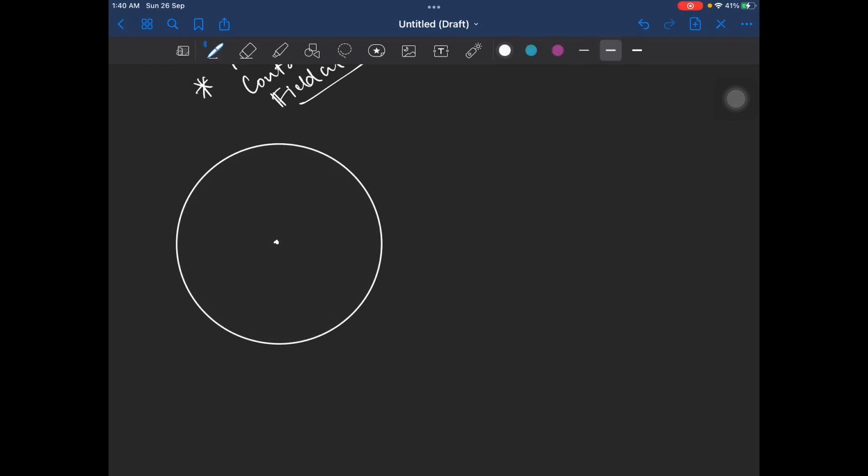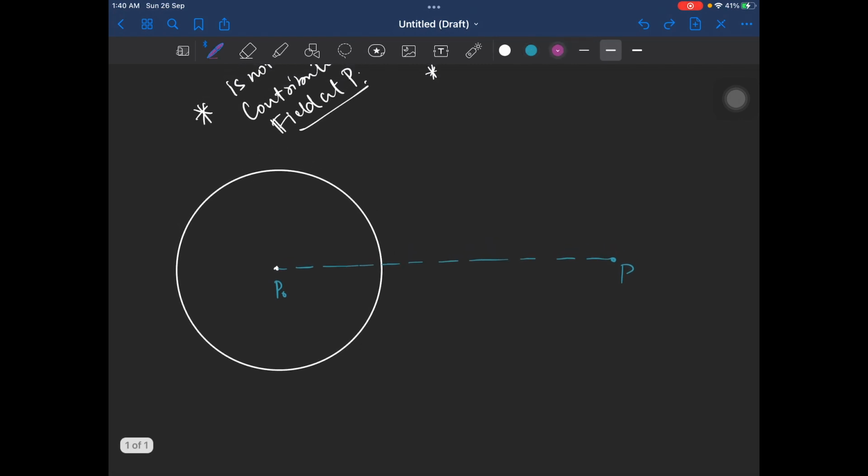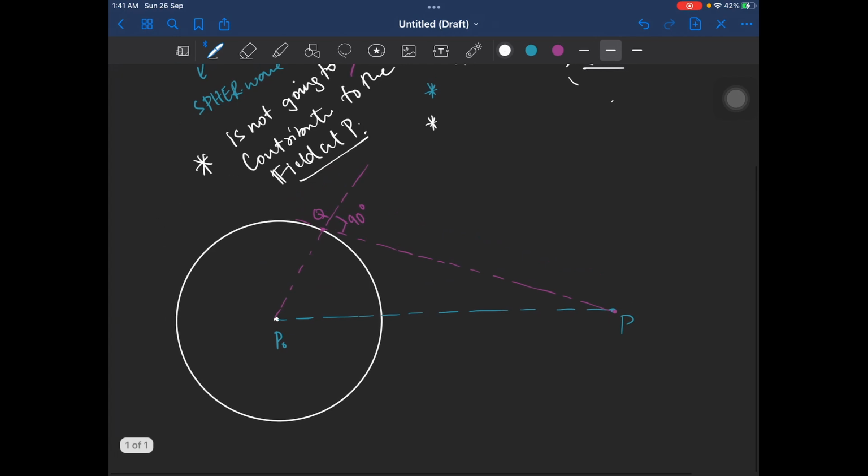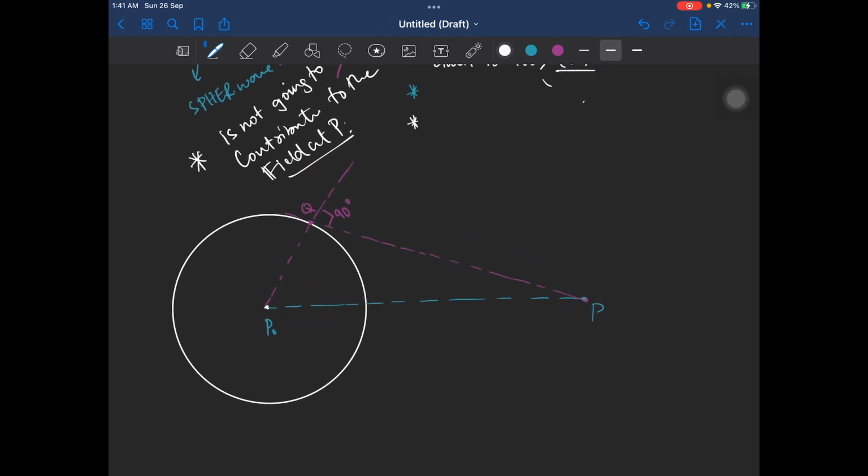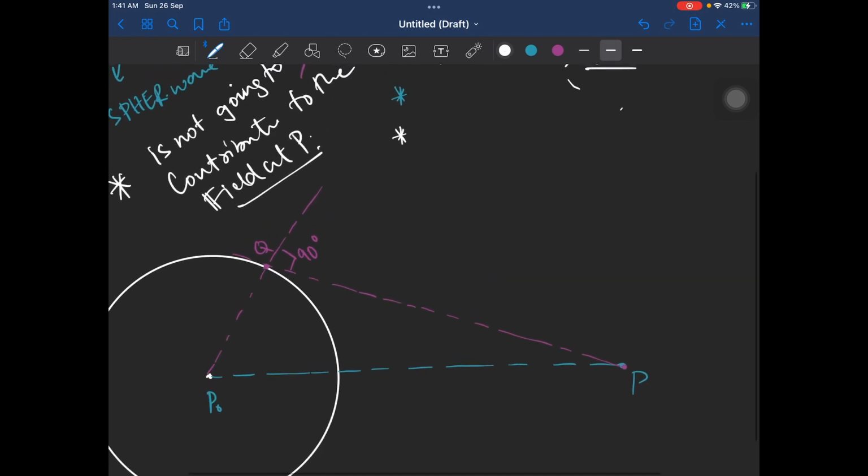Okay, we draw this, a point P naught, and if you see that there is a tangent which is coming from P, right? This is Q, and this is going to be 90 degrees, right? So the wavelet is going to get limited.